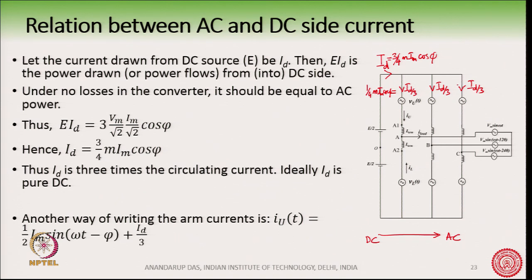So, the sum of these 3 is 3/4 m I_m cos phi. E times ID, E times 3/4 m I_m cos phi, is the power taken from the DC source, and 3 V I cos phi is the power flowing to the AC side. By knowing this also, we will be able to find the DC current.